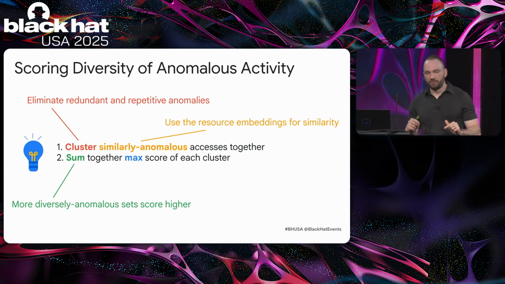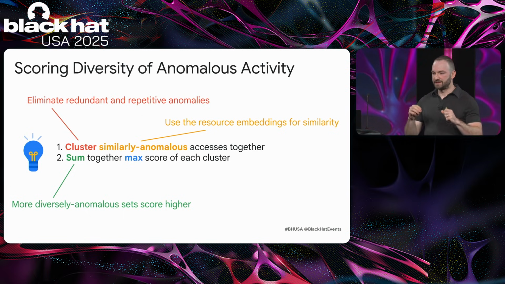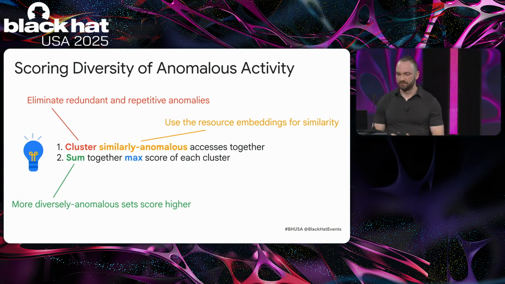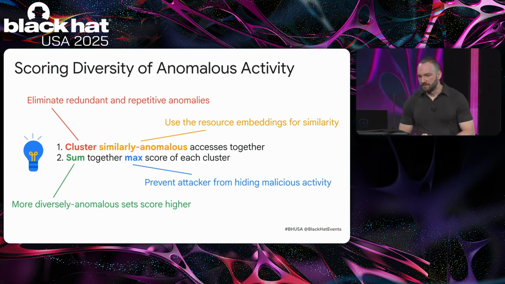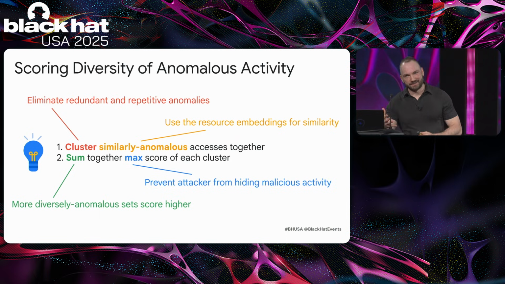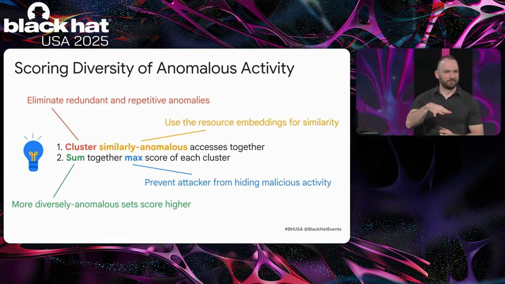We use the sum operator so that we get higher scores for activity sets that have more diversity in their anomalousness. And finally, we also use the maximum operator within a cluster to prevent attackers from decreasing their scores.